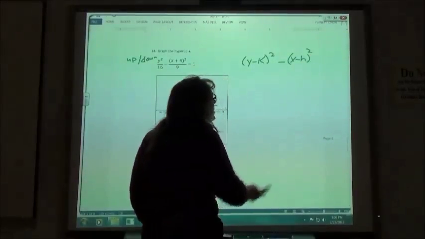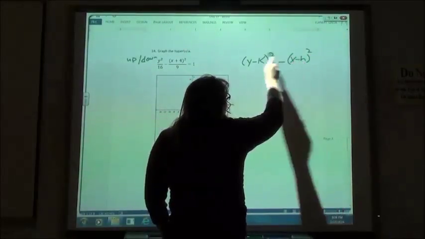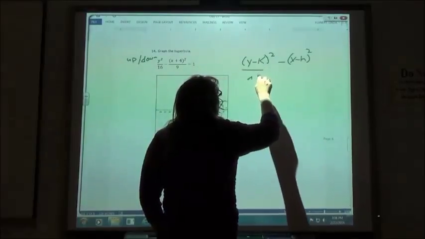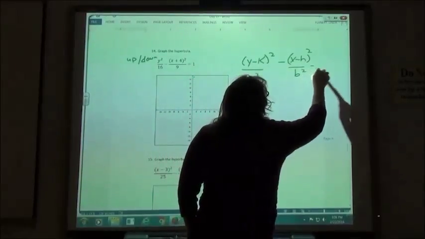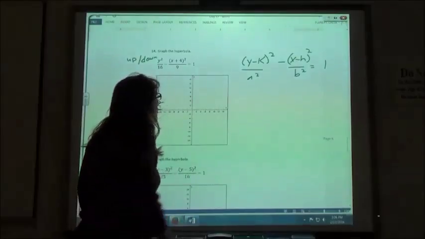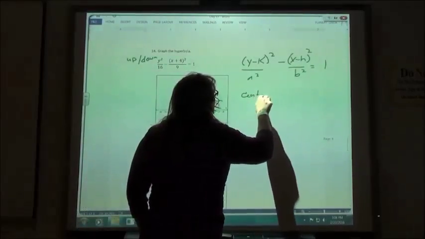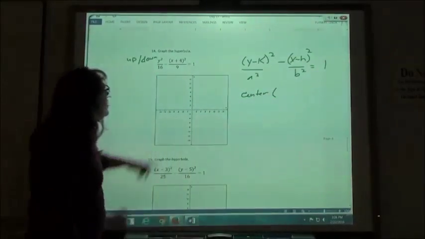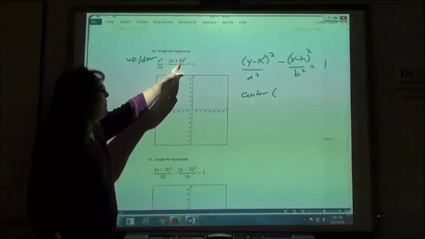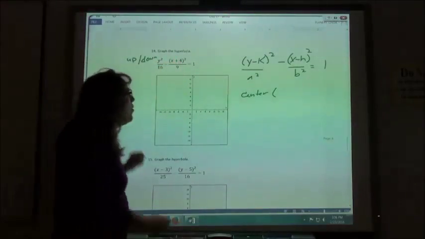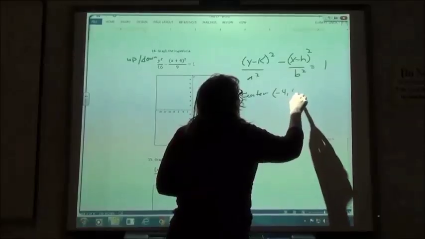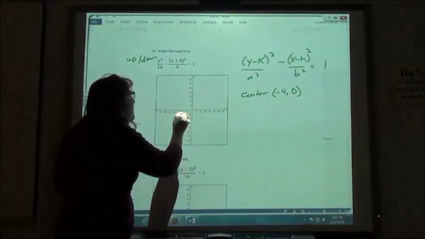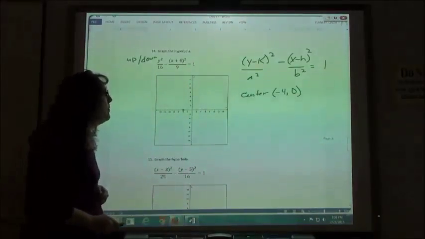So when I do my center, the h is with the x, the k is with the y. It's just the way it's going to open up and down is different. So when I look at the center of this one, my center is going to be -4 with the x, 0 with the y. So -4, 0. So at -4, 0, I'm going to have my center.